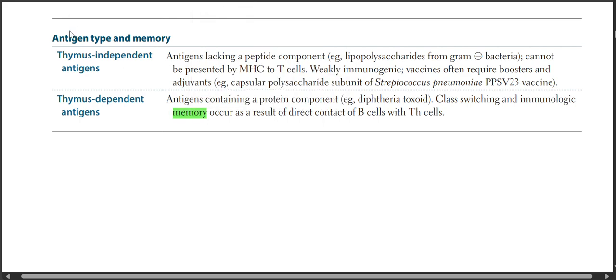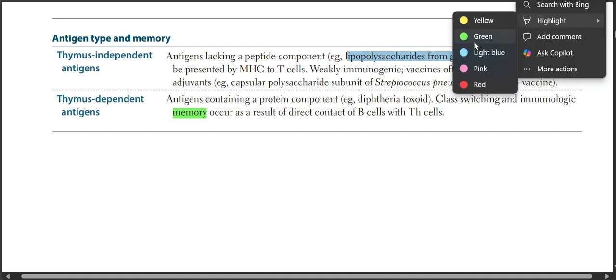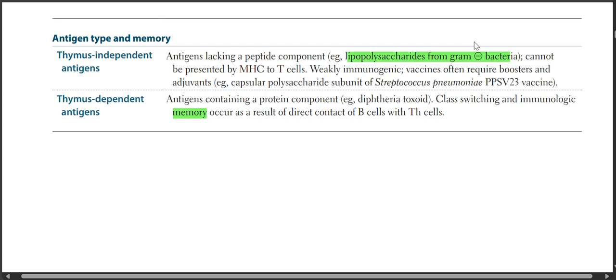If you do not have a protein attached, let's say it's a normal bacterial infection with an LPS, it doesn't have a protein attached to the LPS, so your body cannot remember it, and that's why it's thymus independent. That means it doesn't go to the thymus.